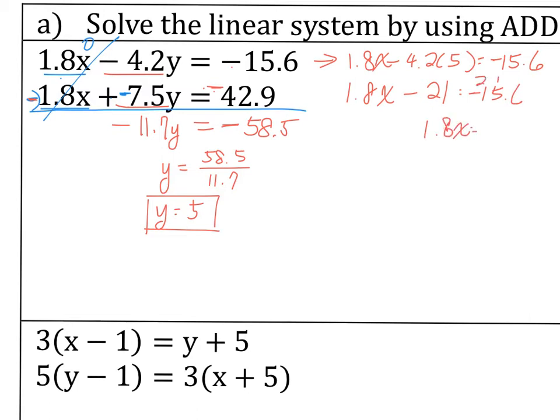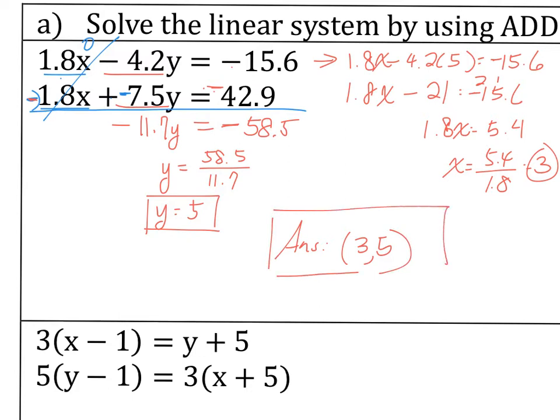We need to add 21 to negative 15.6. And that would be 5.4. And x would be 5.4 over 1.8. And that would give you 3. And then your final answer will be 3, 5. Okay, and you will write it as a coordinate.